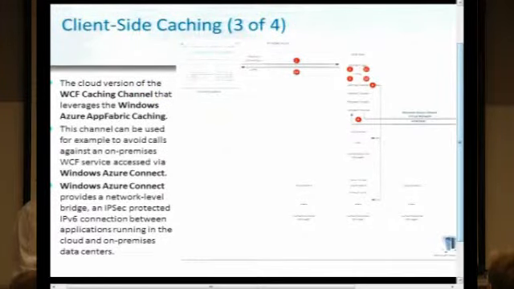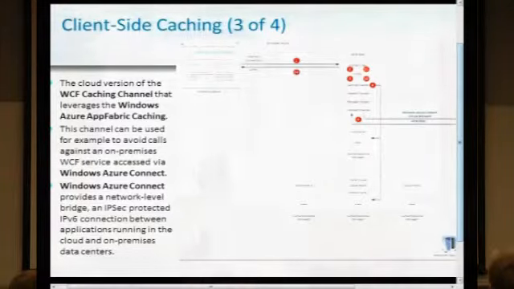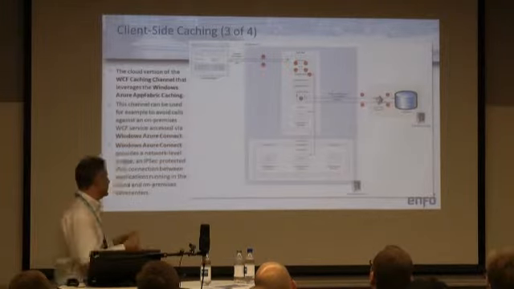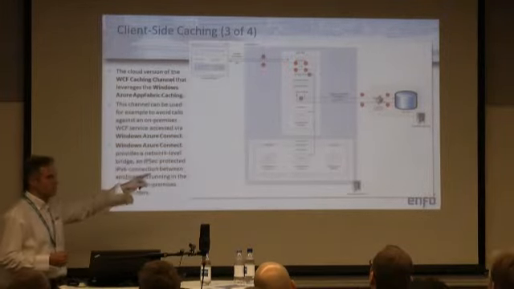This is another interesting scenario. Let's say you have an ASP.NET application running in the cloud that makes a call against a WCF service running on premise. First of all, from an integration perspective, you can use two different approaches. The first one is to use Windows Azure Connect.